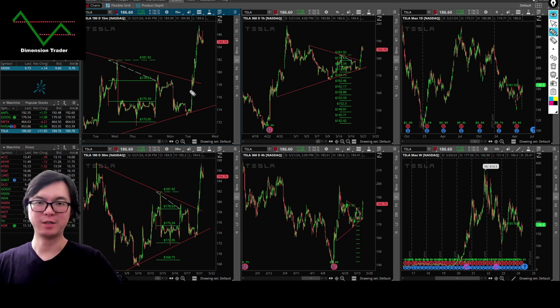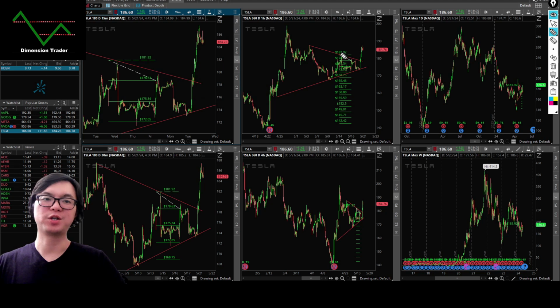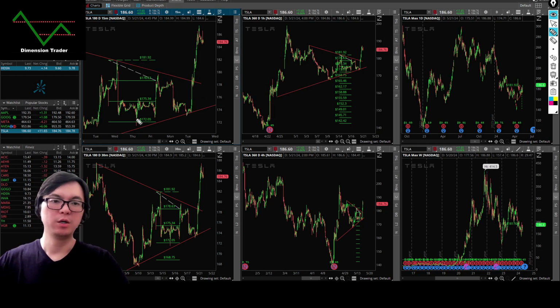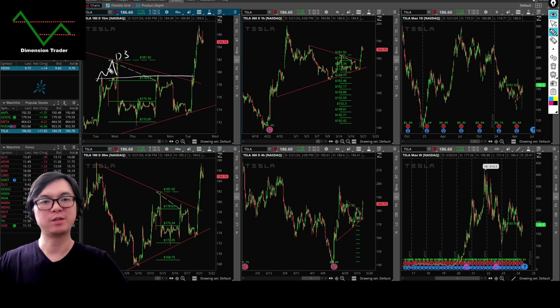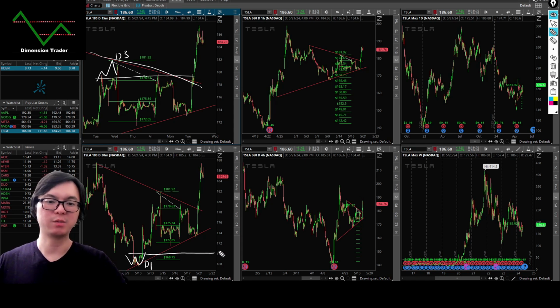Back to the Tesla. From the previous review, we were checking the scalping position for the short. Here is what we were expecting from last time. When dimension 3 is forming on the top, price creates resistance when the trend line is respected, and dimension 1 on the bottom. This is where we are expecting dimension 4.